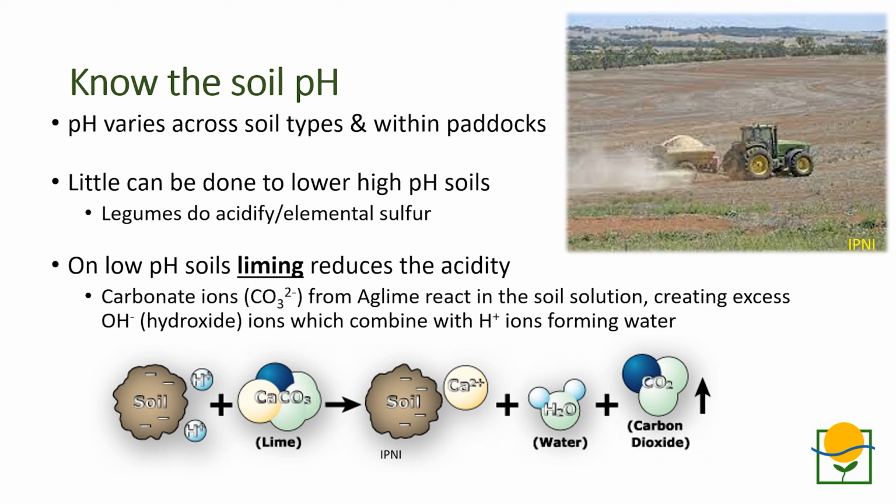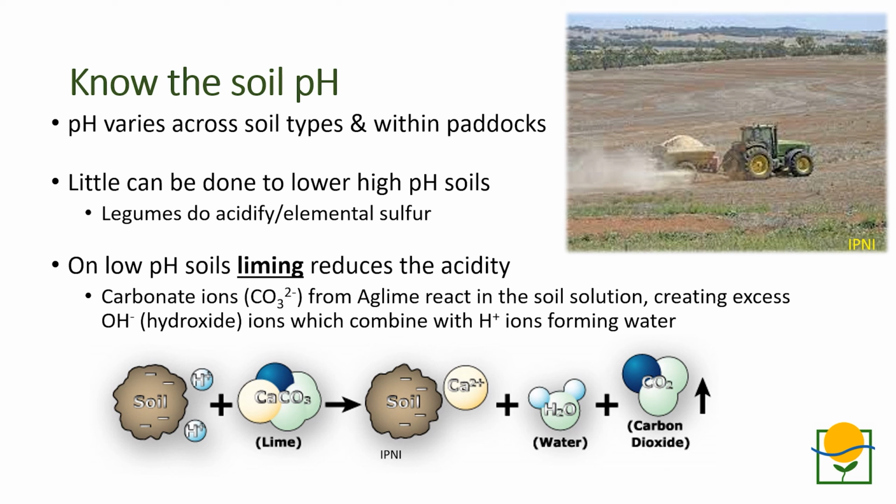Not a lot can be done to lower high pH soils. Well-adapted legumes can acidify the soil, and using elemental sulphur can also acidify the soil, but those processes are slow. More importantly, on low pH soils, liming is the way to reduce the acidity levels and so raise the soil pH.